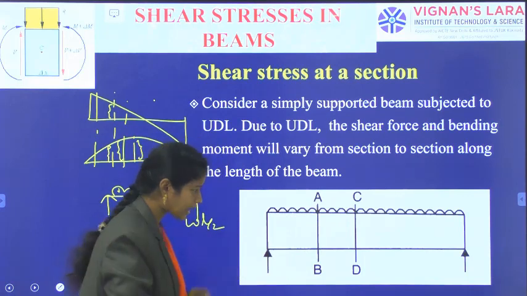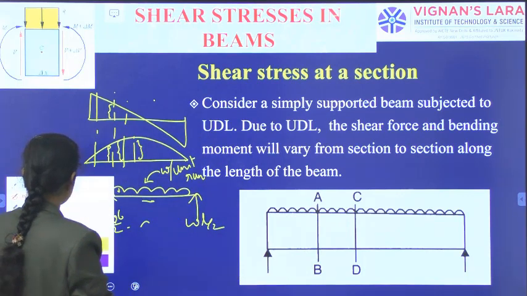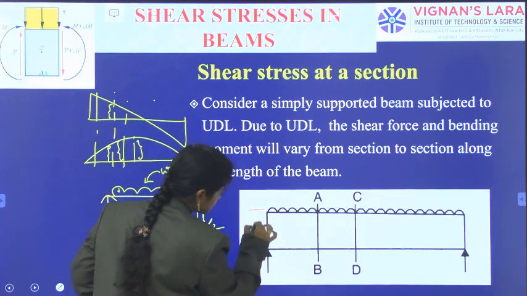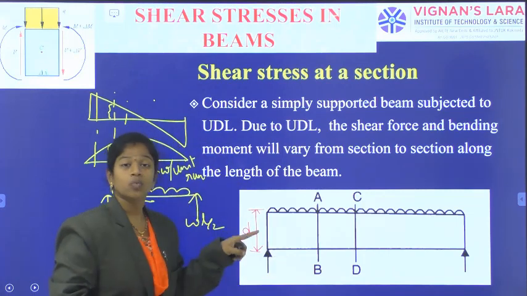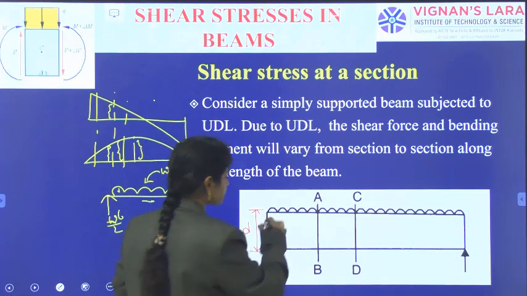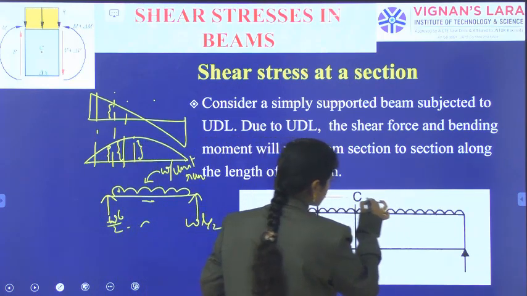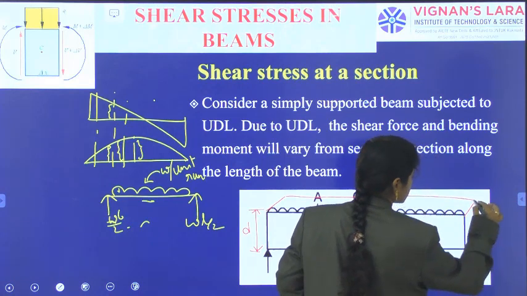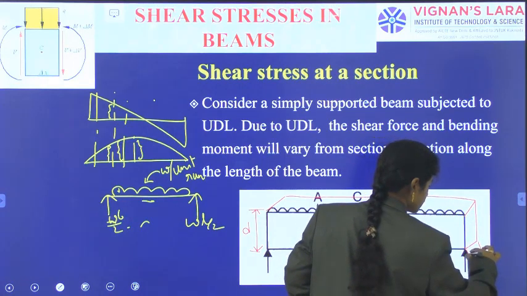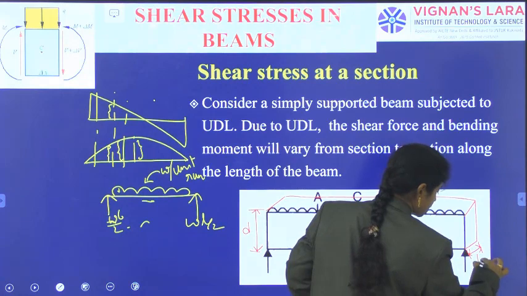Okay, and let this be the depth of the beam. When we see the triangular or the isometric view from the side, you can observe this width of the beam, right?